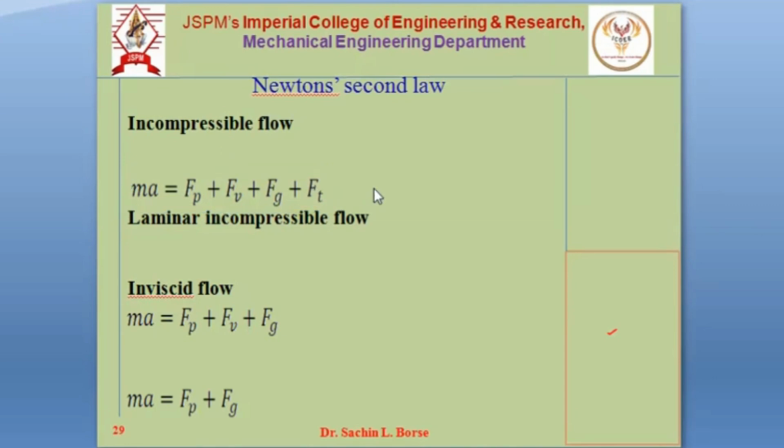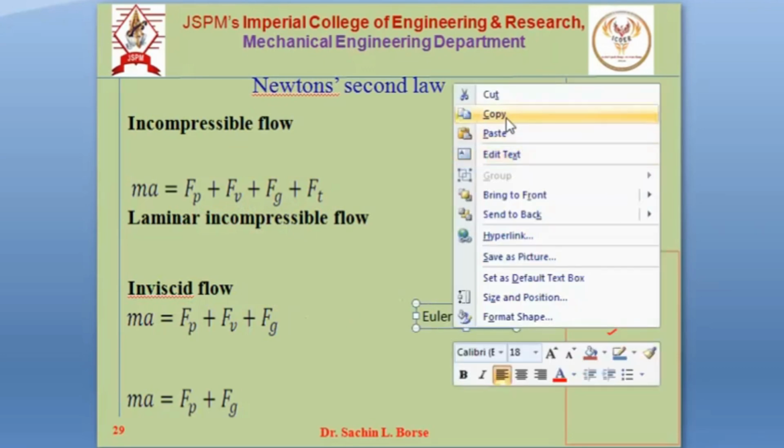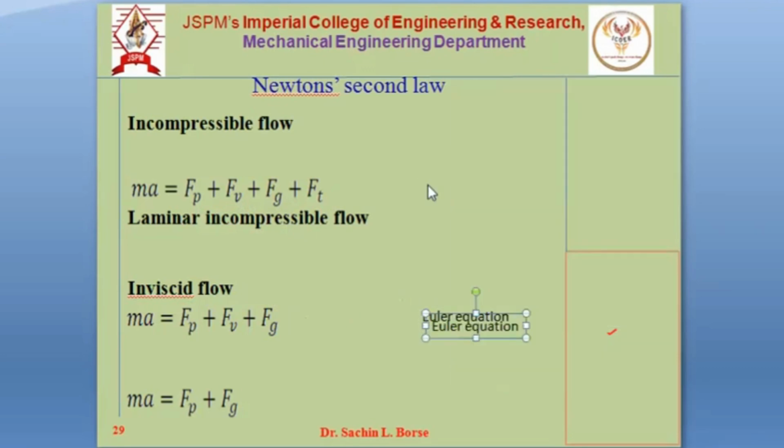That equation is called the Navier-Stokes equation. But if you neglect the viscous force, it becomes the Euler equation. When friction is very negligible, we go for the Euler equation. Otherwise, we go for the Navier-Stokes equation.